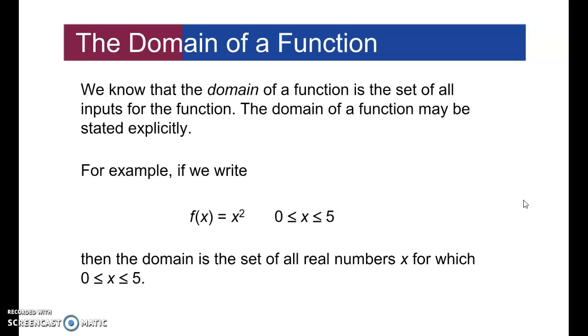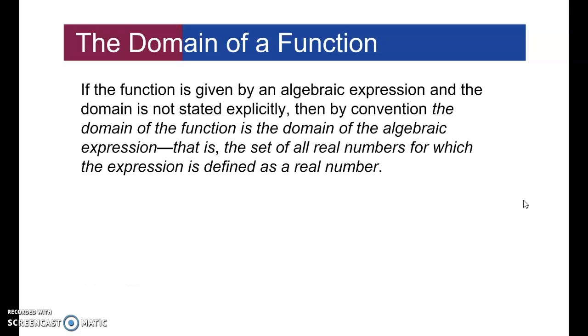We are giving you a restricted domain and asking you to use the values in that restricted region from 0 to 5 to evaluate the output of the function. So that's not going to be at all uncommon. You'll just pick numbers within that interval and substitute them into the equation to determine what the output values will be.